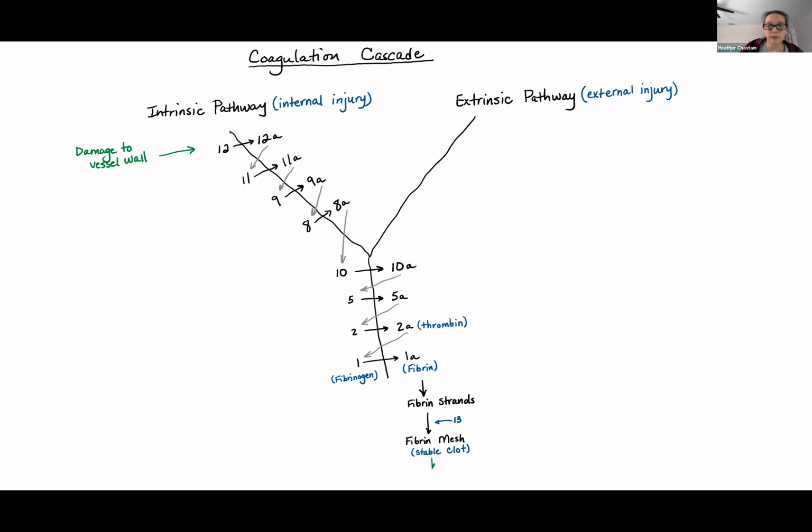This allows for tissue repair. Okay, so now all the tissue underneath where that trauma was can now repair without blood leaking everywhere, right? During this tissue repair, your body starts making tissue plasminogen activator. This is also known as TPA.